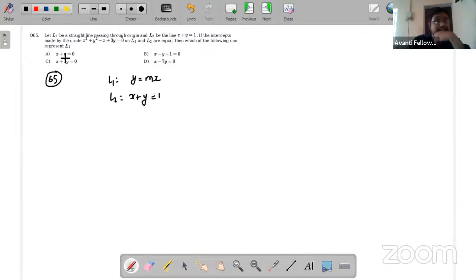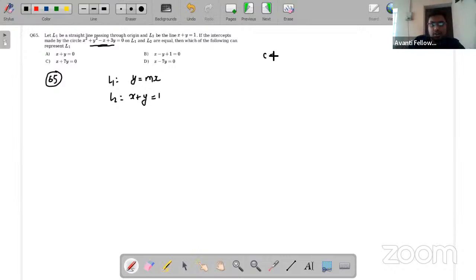Now, if the intercept made by the circle, this circle is given, so we can find the center as well as the radius. The center is actually minus half of the coefficient of x and minus half of the coefficient of y. So here the coefficient of x is -1, so we have to multiply with minus half.